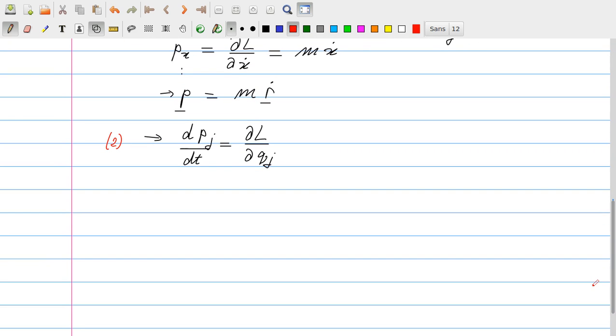So let me go back to this definition of the Pj, which was the derivative of L with respect to Qj dot. And we know that the L depends on all the Qj dot, and on the Qks, and perhaps also on time.